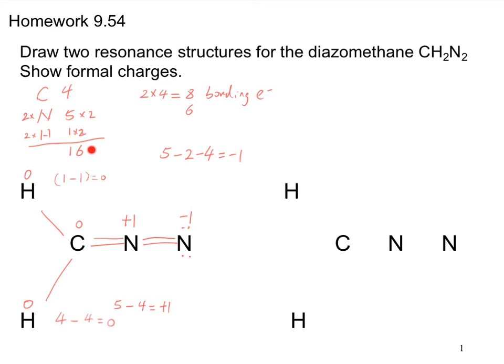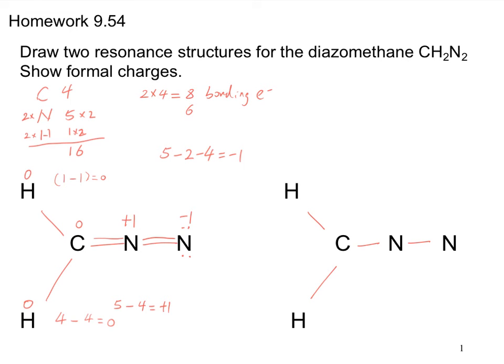We start with the 16 valence electrons, and then we add the bonds among them. If you look at this structure, we want the carbon and the terminal nitrogen to satisfy the octet rule first. So we can think, how about we put 2 electrons on carbon?